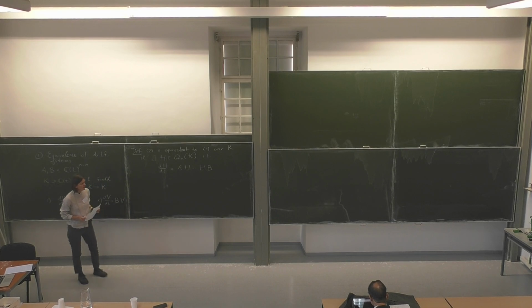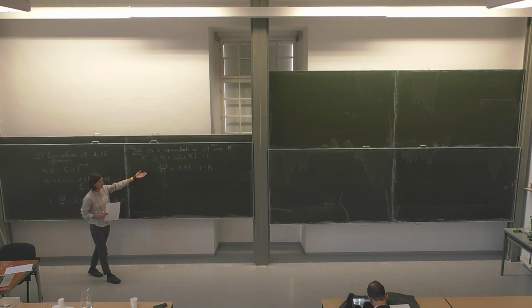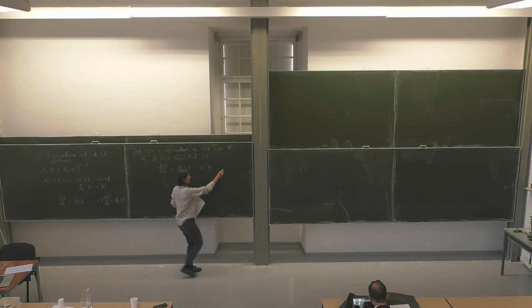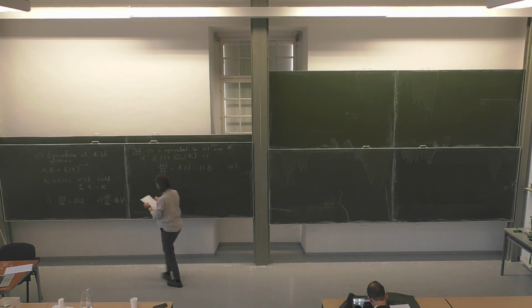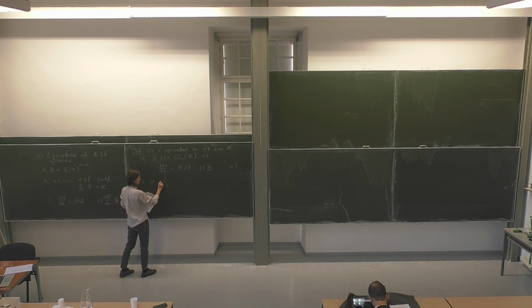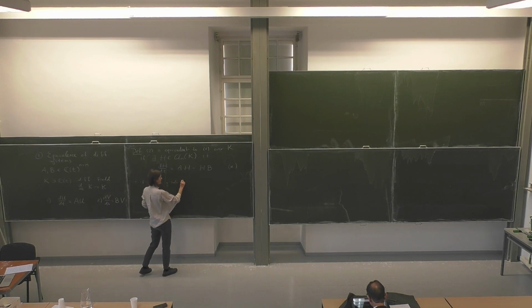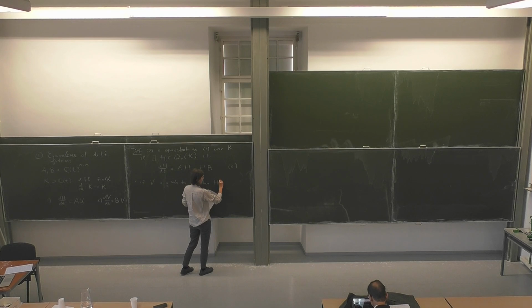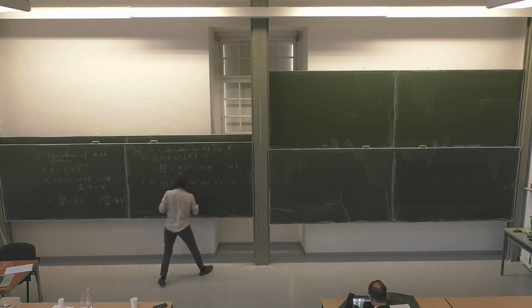But let's explain the algebra of this. What is the meaning of this differential equation? So let's call it star. And the meaning of star is this. First of all, if V is a solution to the system 2, then H times V is a solution to system 1.